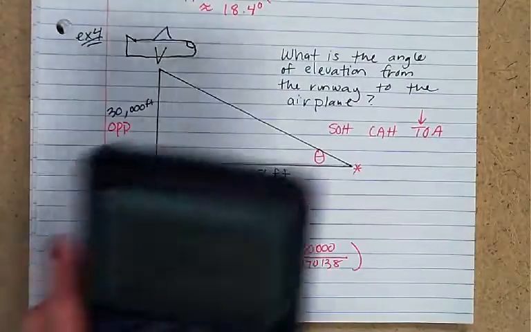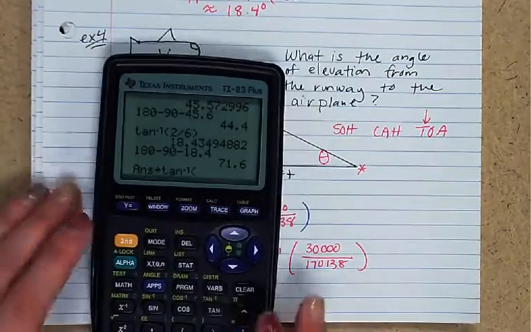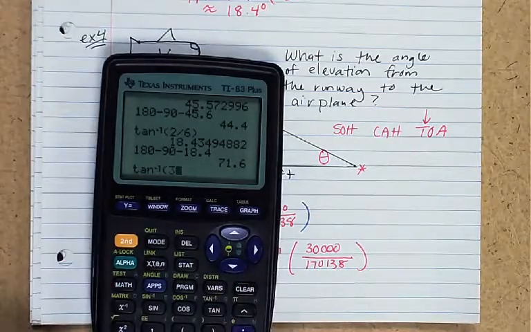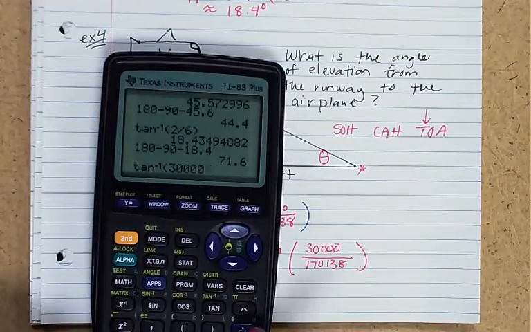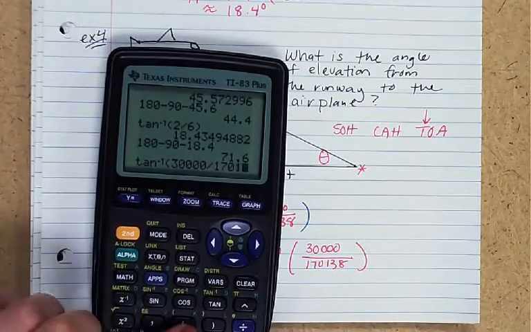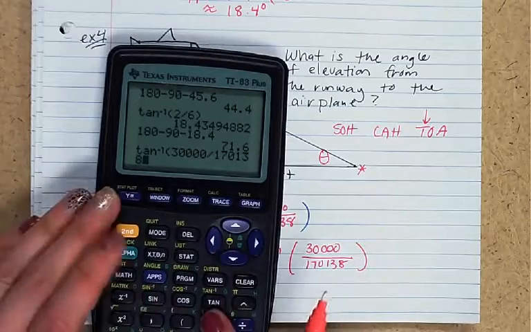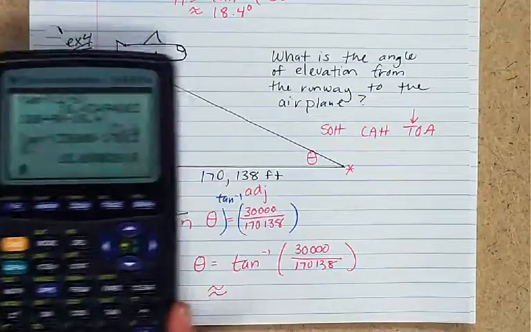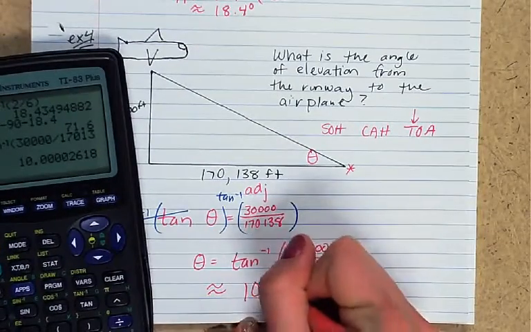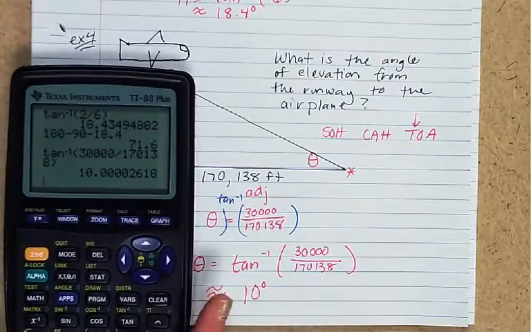Then I can just go tangent inverse of 30,000 divided by 170,138. About 10 degrees. So the angle of elevation there is about 10 degrees.